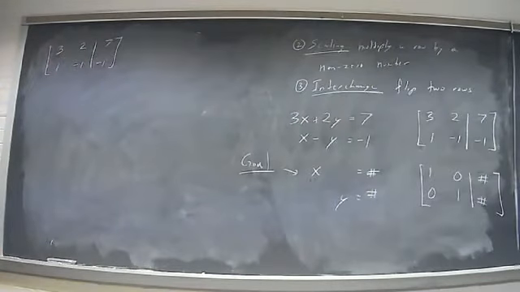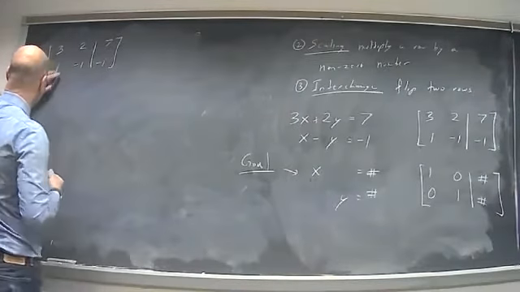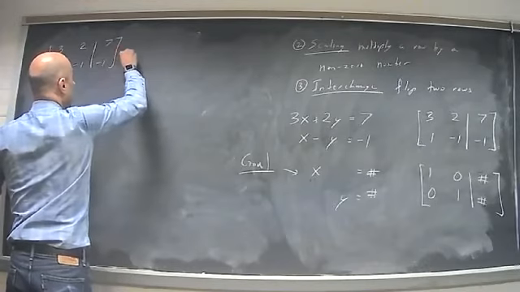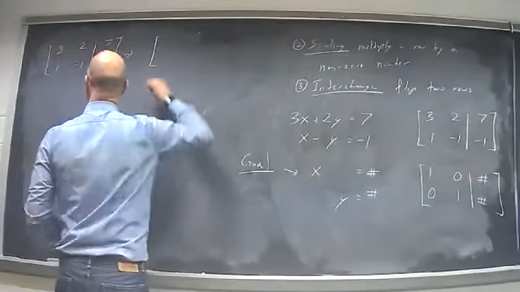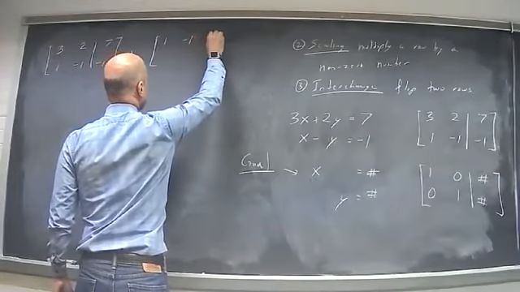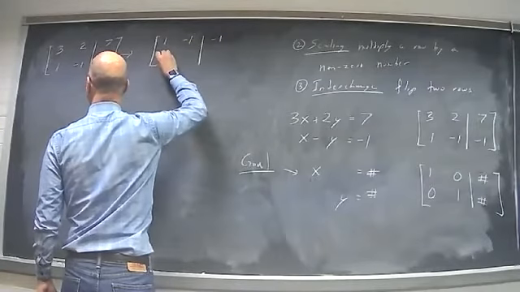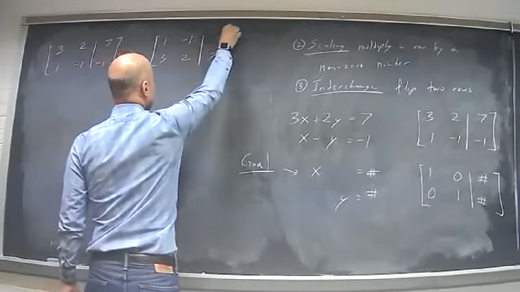The downside of this is I have a bunch of thirds floating around. What's another way I could get a 1 in the upper left-hand corner? Interchanging the rows. I already got a 1 right there. I might as well just flip it up here. So I'm going to interchange the 2 rows. 1, -1, -1, and 3, 2, 7.